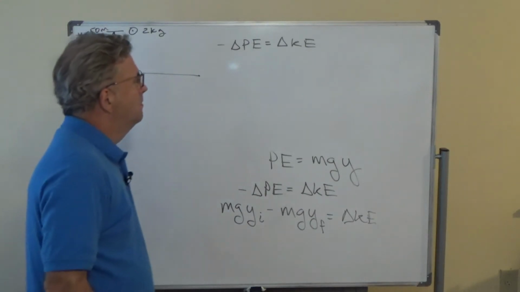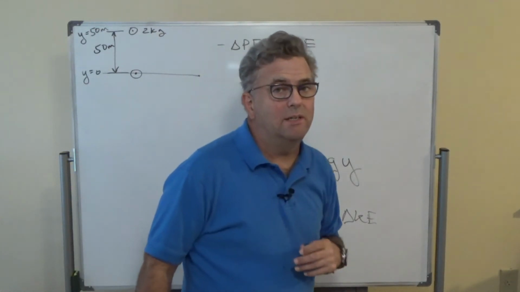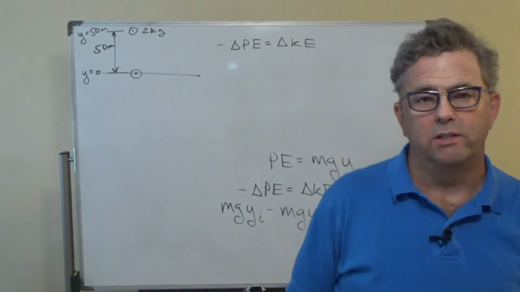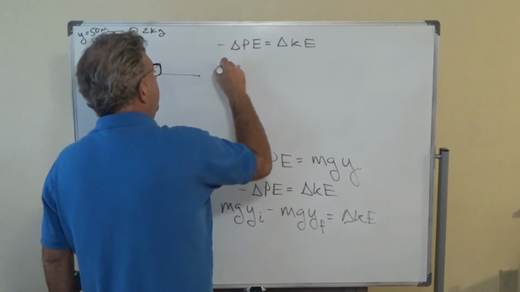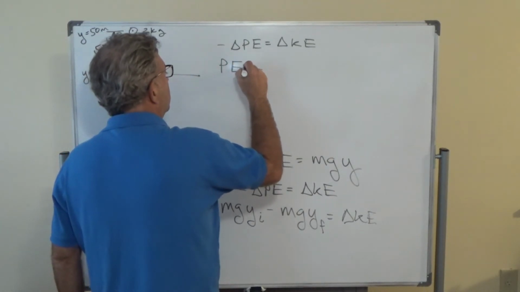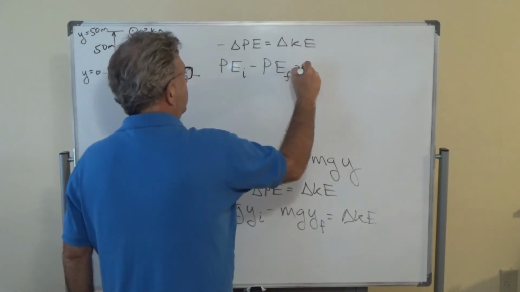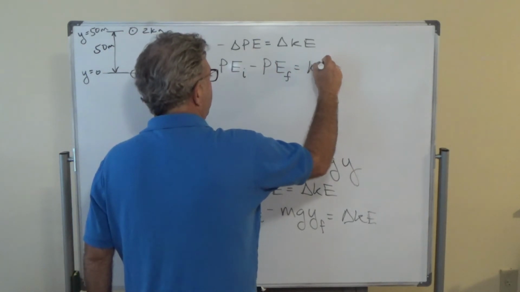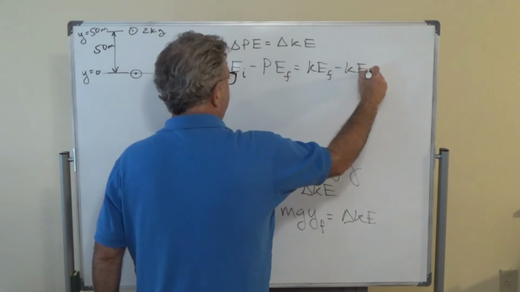All right? So the negative of the change in potential energy is equal to the change in kinetic energy. PE initial minus PE final is equal to KE final minus KE initial.